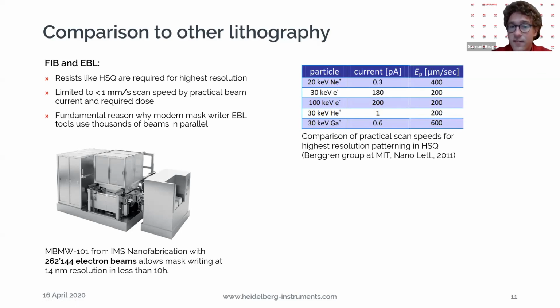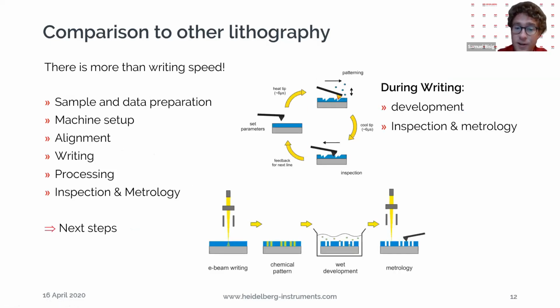That's also the fundamental reason why even advanced EBL systems use some parallelization. For example, just to make you aware, this is a very advanced parallel e-beam machine, where an incredible 260,000 e-beams are used in parallel to get 40 nanometer resolution at high throughput.